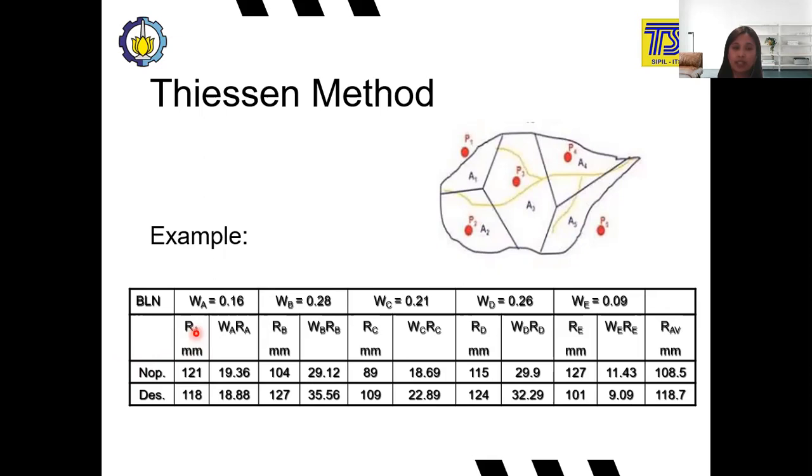In November, we have data from station A, the rainfall height of 121 millimeters.